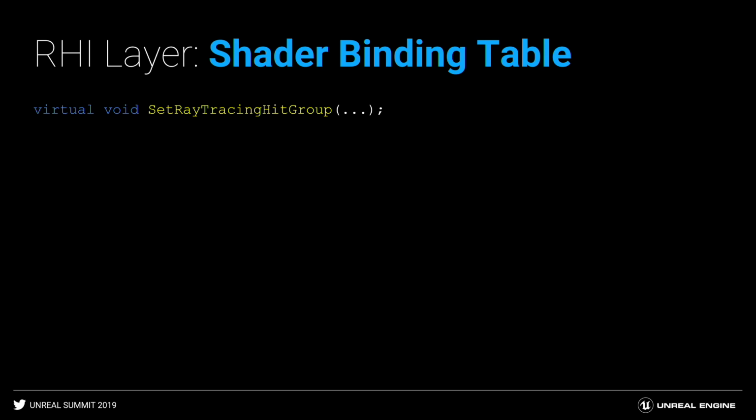We don't expose the shader binding table directly to code, but instead we use a convenience function here, the set ray tracing hit group. This is what you use to bind a particular geometry segment and its materials into the shader binding table. We might expose the binding table to be explicitly managed by the high-level code later, but we're waiting to see what other APIs might do with ray tracing before making that decision.